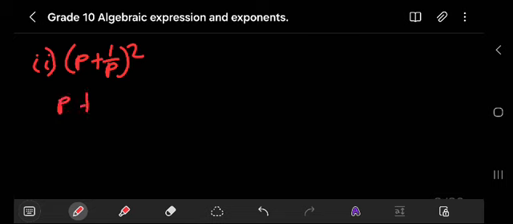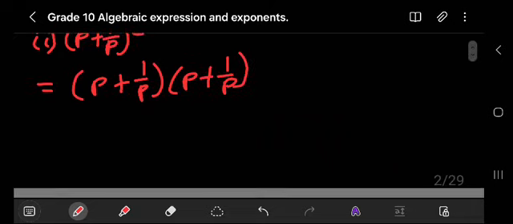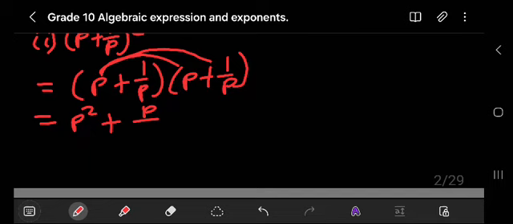p plus 1 over p, squared, is the same as, guys, two brackets like this, p plus 1 over p, times p plus 1 over p. If you picture it like this, multiply there will be p squared, multiply there will be p multiplied by 1 over p, that will be plus p over p, right?